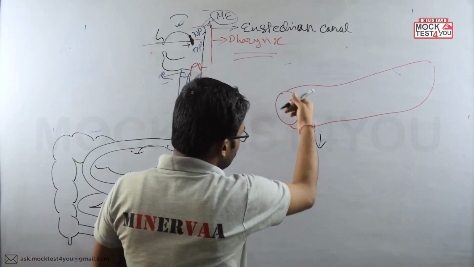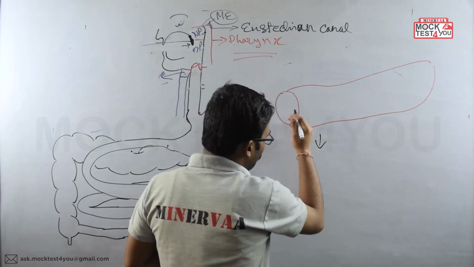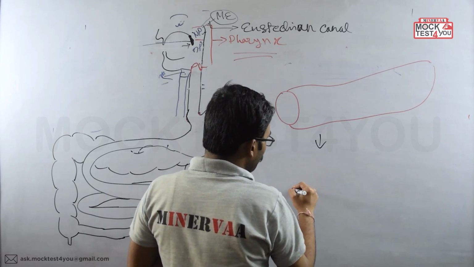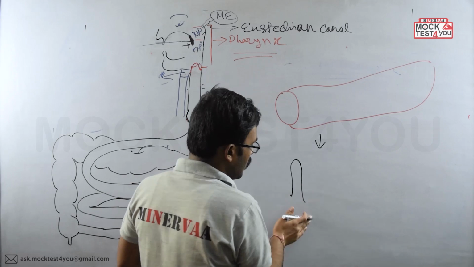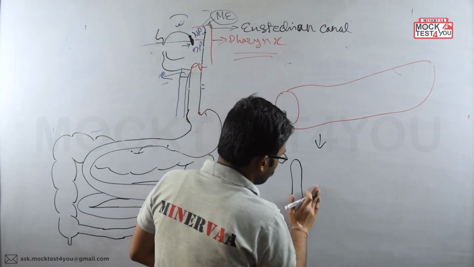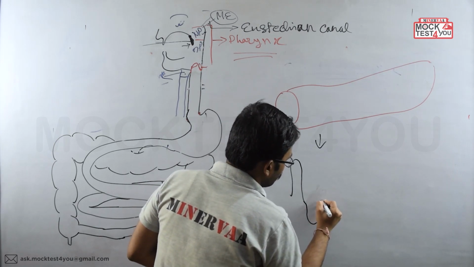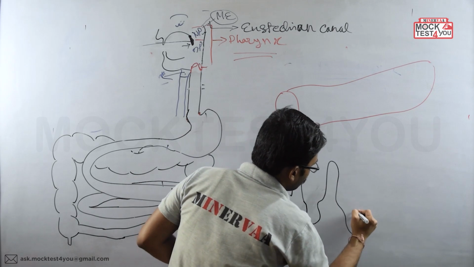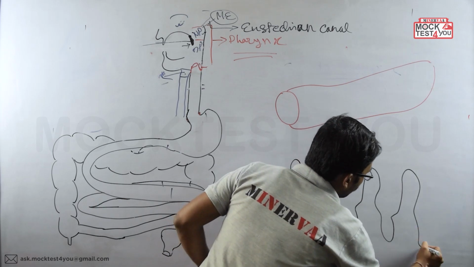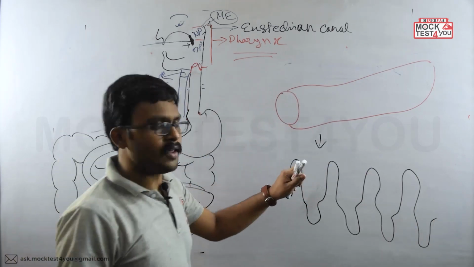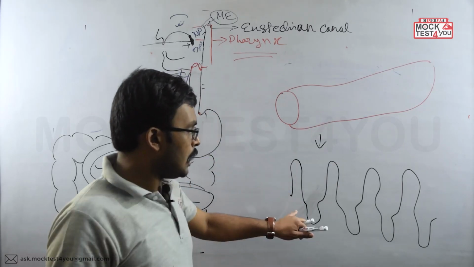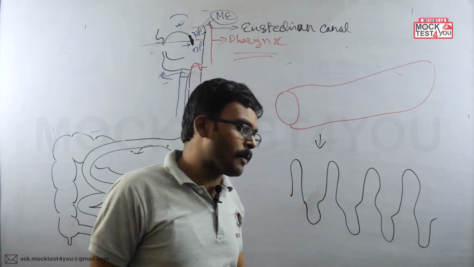See, in the inner wall from the plica circularis or from the other portion, we can see that some finger-like projections are present, okay?